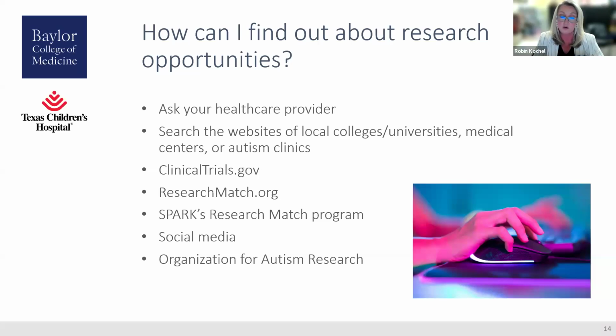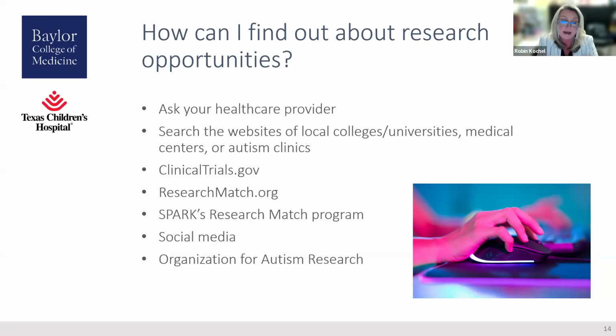Similarly, families who are part of SPARK will be notified about new research opportunities through SPARK's Research Match program, and it works really similarly. Families will be notified about research opportunities that they may be eligible for, and then families can learn about the studies and choose if they want to participate or not.